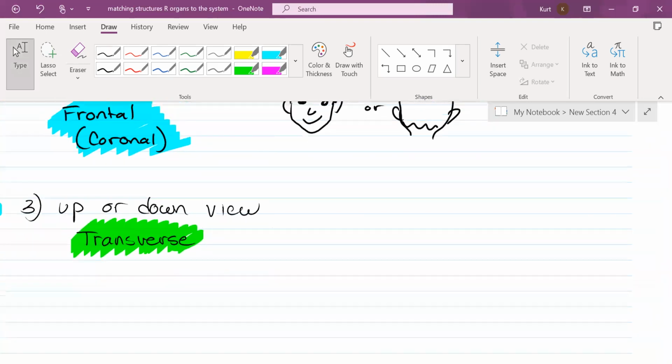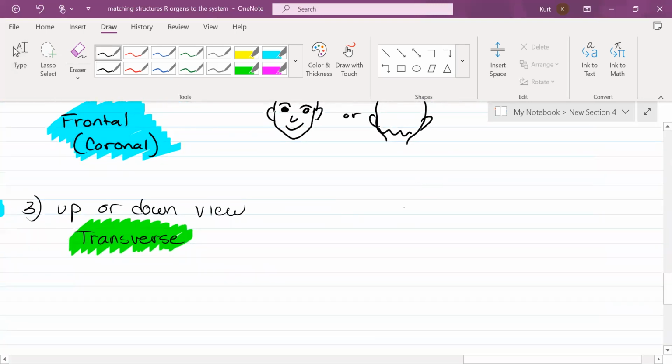So the way that your homework looks like, I'll try to do my best to draw it. Let's see if I can draw a person here. I'm not a bad artist, but this is going to be kind of tough. Hopefully you'll at least get the idea.